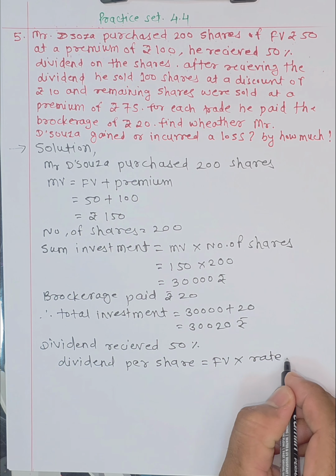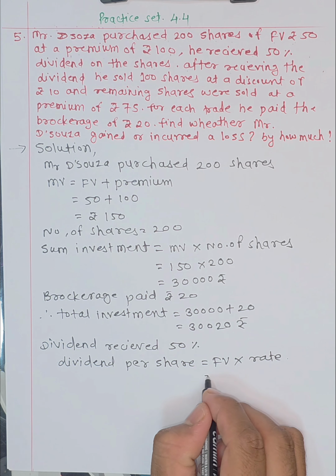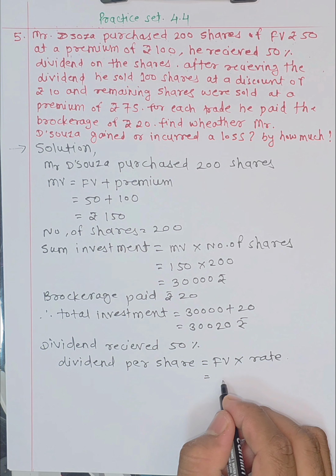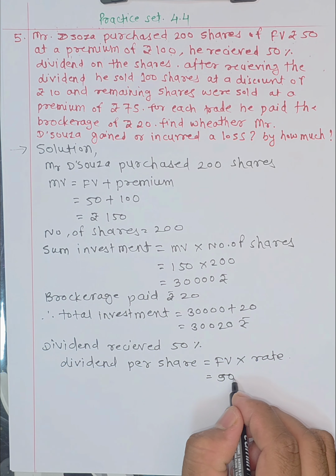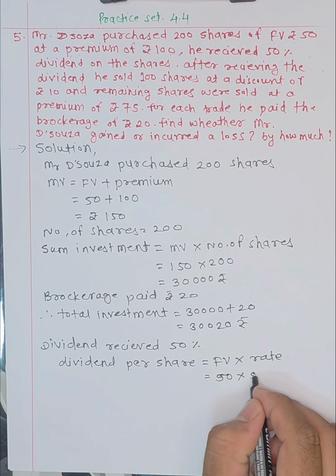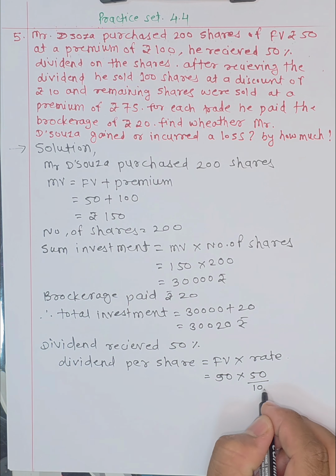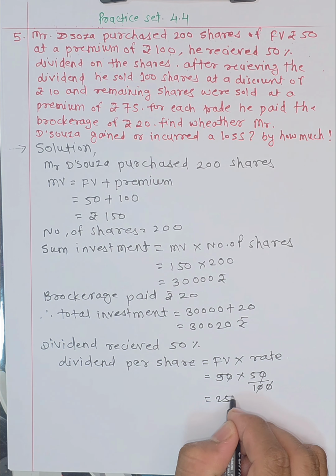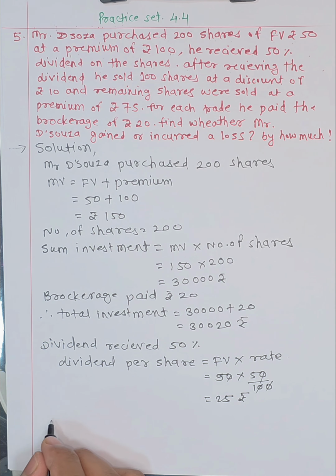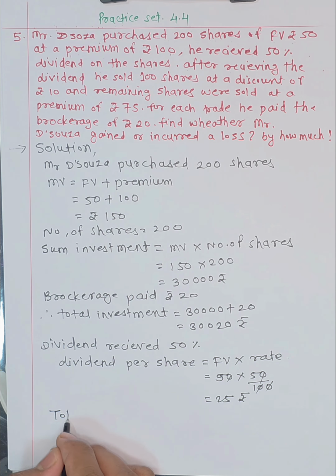We know that dividend is also calculated on the face value of the share. Now by putting values, 50 into 50 upon 100, zeros cancelled, 5 into 5, 25 rupees. So dividend on one share is equal to 25 rupees.